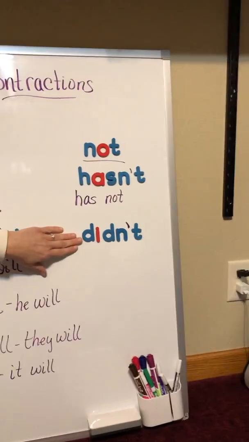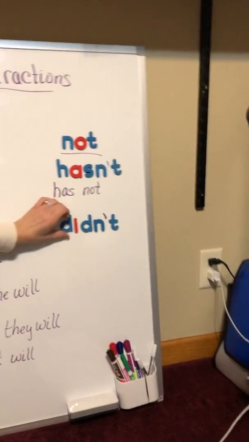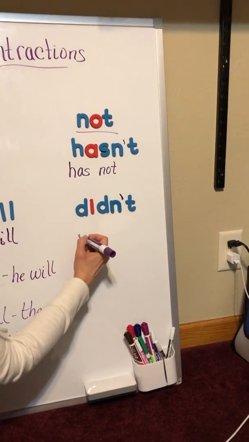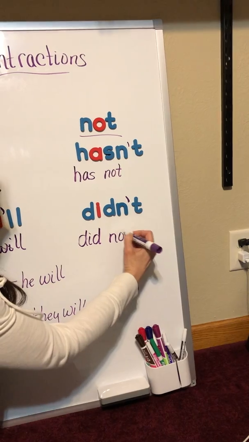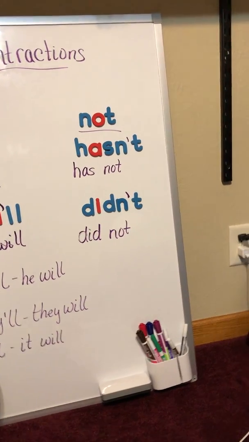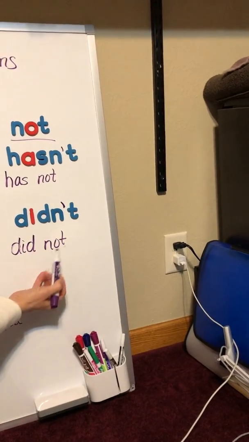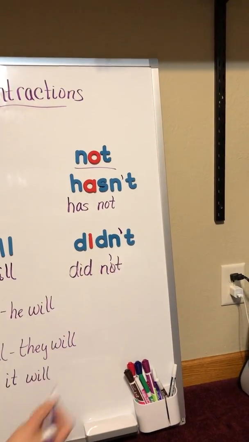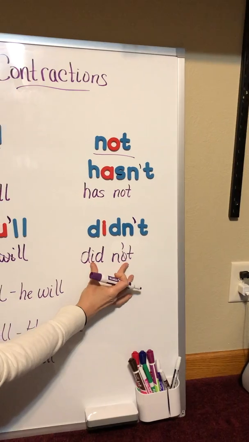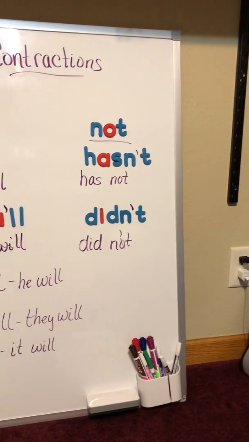Another contraction using not would be didn't, which is the contraction for did not. Okay? Now when we make the contraction using not, we drop that O and we replace it with that apostrophe, and we squeeze the words together.